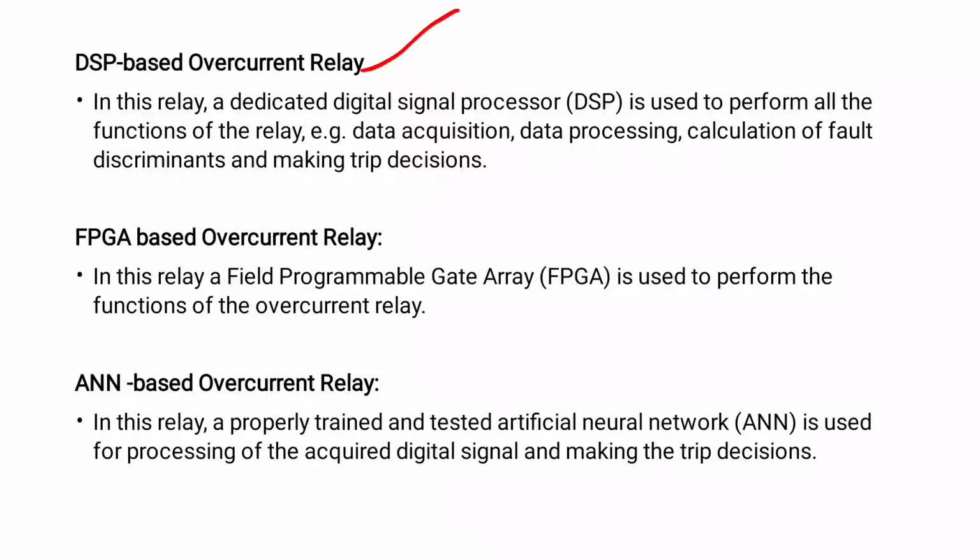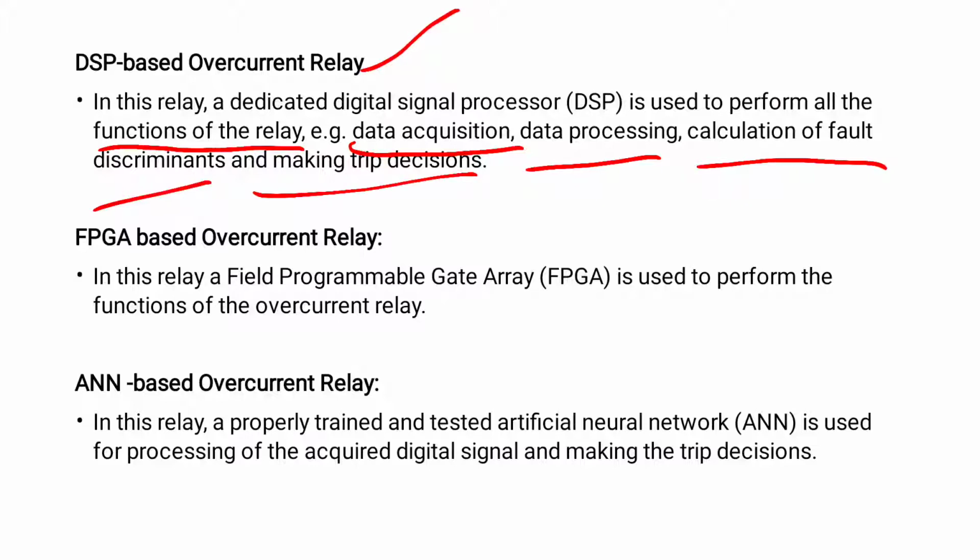DSP based overcurrent relay. In this relay, a dedicated digital signal processor is used to perform all the functions of the relay, for example data acquisition, data processing, calculation of the fault discriminants and making trip decisions. FPGA based overcurrent relays.